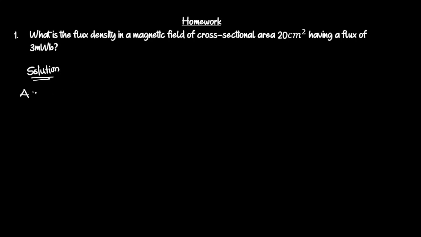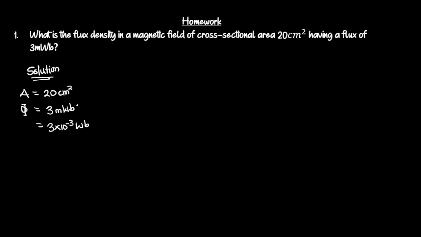So the area over here is 20 centimeters squared, and we were given a magnetic flux phi equal to 3 milliweber, which is equal to 3 times 10 raised to the power minus 3 Weber.